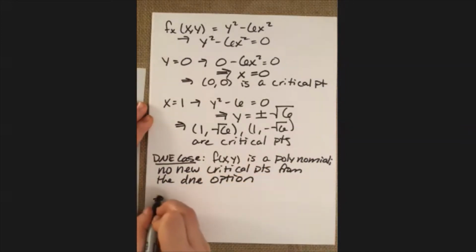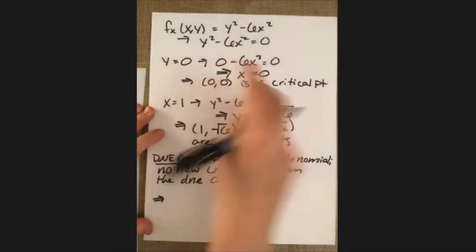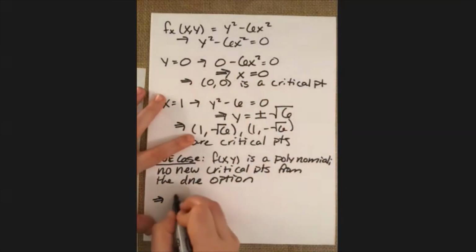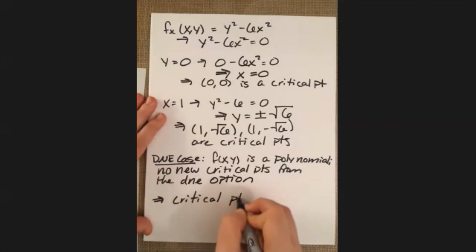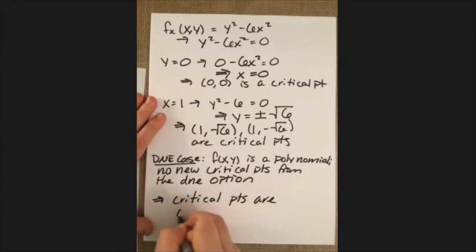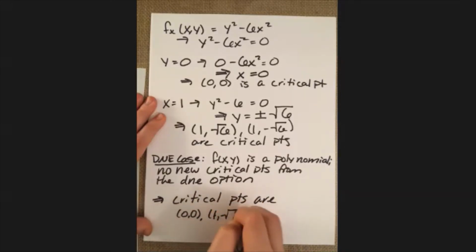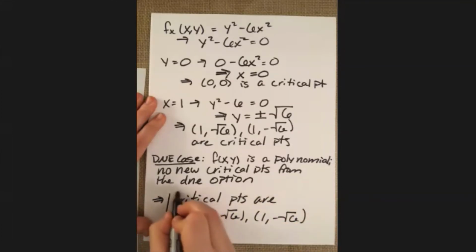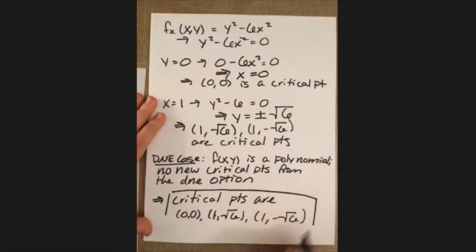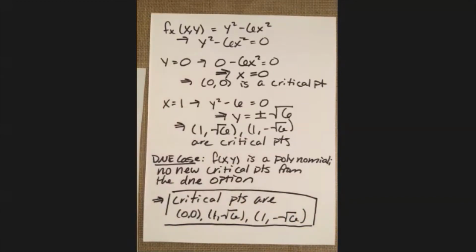So our final answer for this, our 3 critical points in this case, are going to be (0, 0), (1, root 6), and then (1, negative root 6), just like so. And that's pretty much all there is to that one.